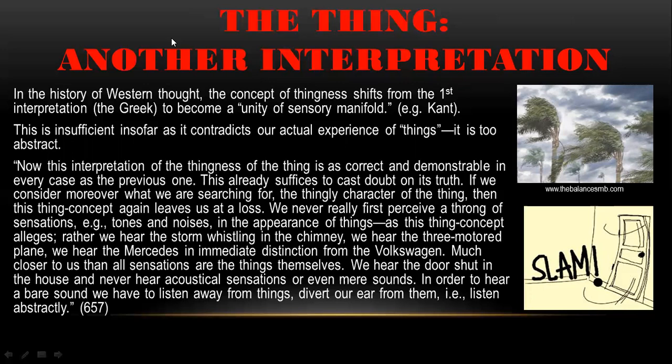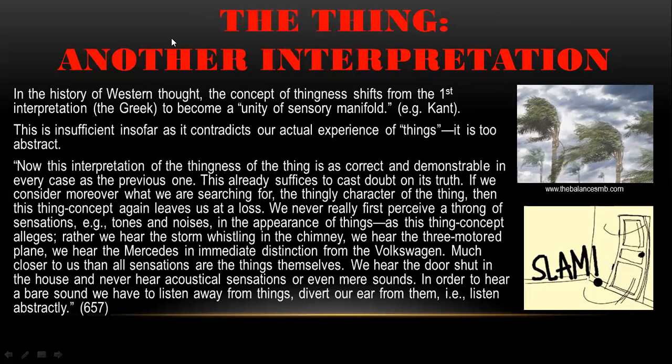So he writes, this interpretation of the thingness of the thing is as correct and demonstrable in every case as the previous one. So it's not that you can't apply this to every situation, just like the substance with predicates, substance with accidents. You can apply this to just everything, okay? But you're losing out on something. You're leaving out some element, right?